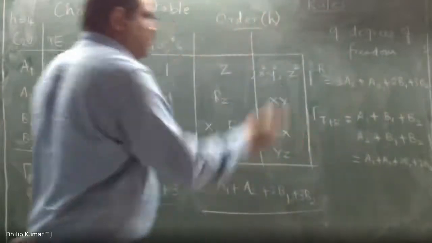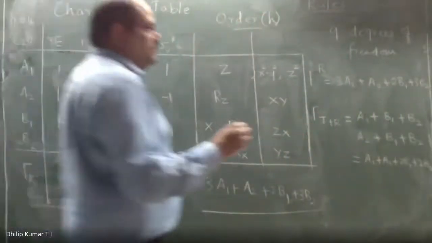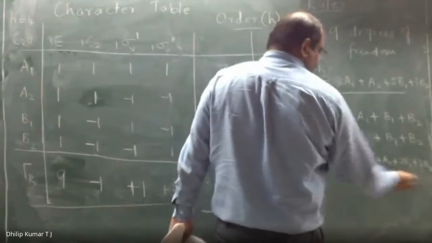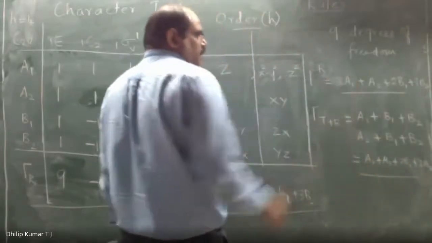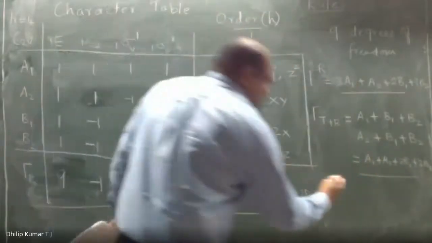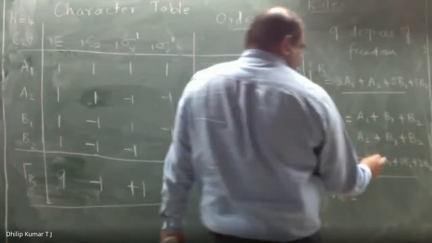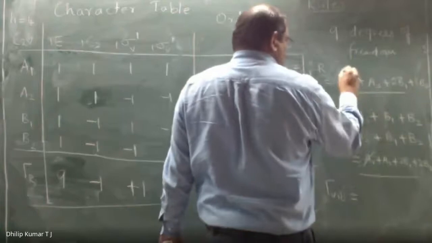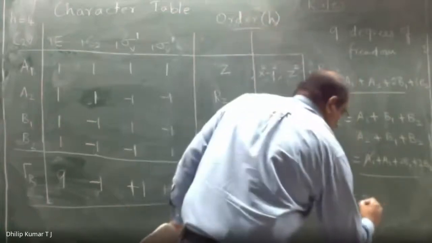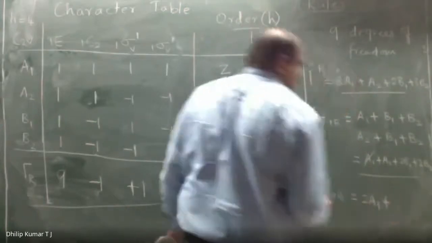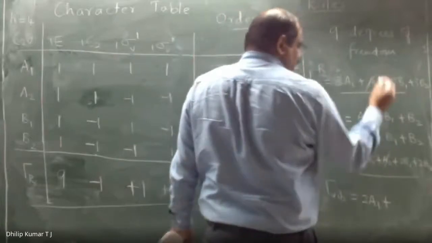Now we have the total, which we got by the reduction formula. So this is total and this is for translational and rotational. If you subtract this, you will get vibrational, right? So gamma of vibrational is, you can strike it out. So 1A1 goes. A2 gets cancelled.